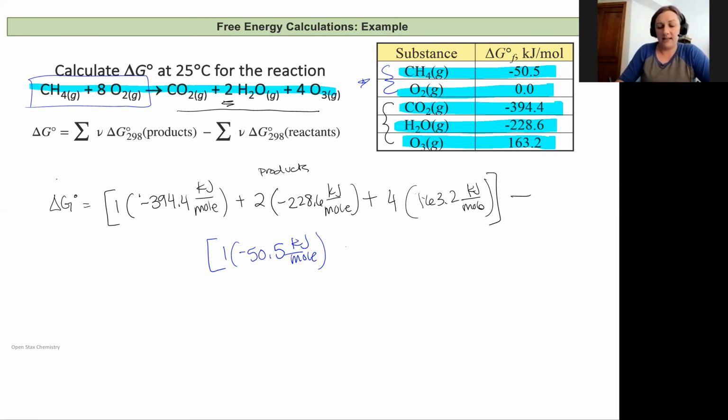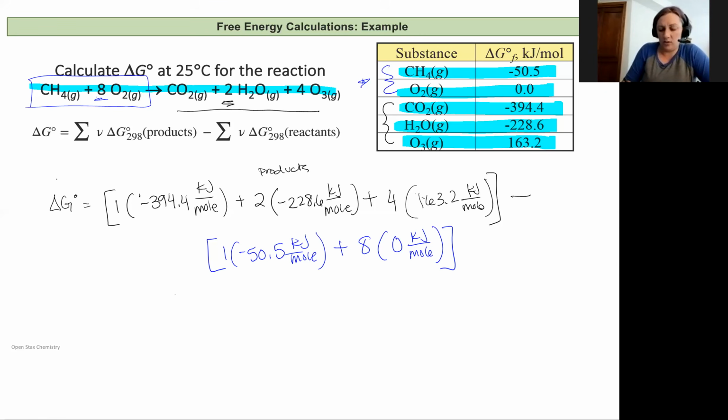I'm going to add to that 8, since I have a coefficient of 8 under my oxygen, times my entropy, or sorry, my free energy value, which is 0 because it's an element. And so 0 kilojoules per mole. And that'll be it.